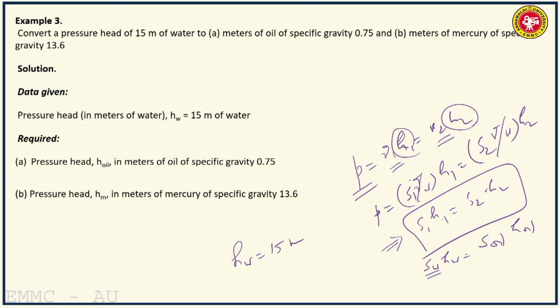What is SW? It is 1, specific gravity of water is 1. What is head of water? 15 meters. Specific gravity of oil is 0.75, multiplied by H oil. So, you can get H oil. H oil is equal to 1 multiplied by 15 divided by 0.75.